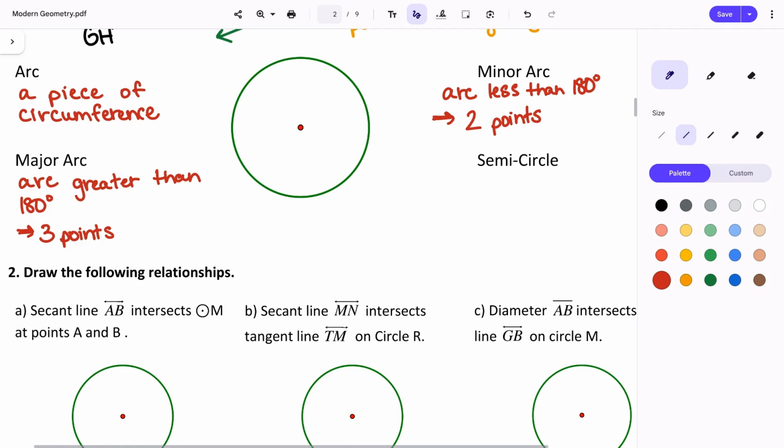So I'll just say 2 points. We'll use 2 points to name a minor arc. A semicircle is another type of arc, but what do you think this one needs to be? What would be half? 180. So a semicircle is an arc that equals 180.